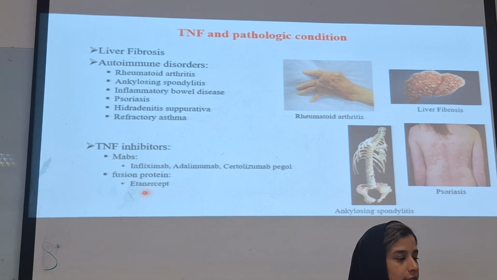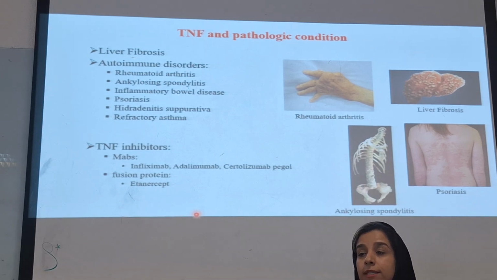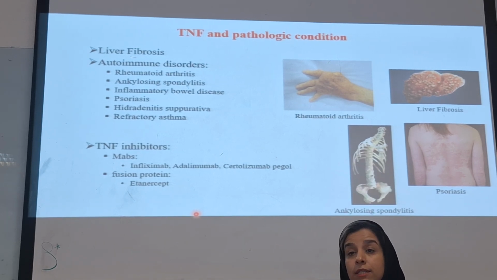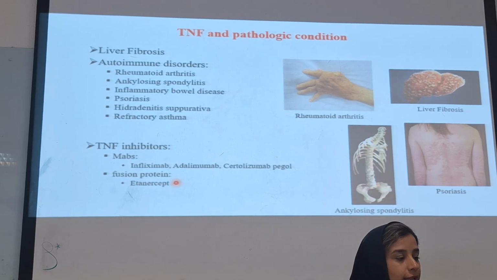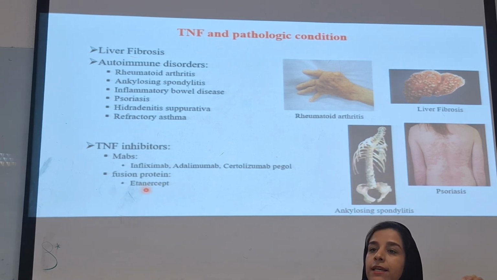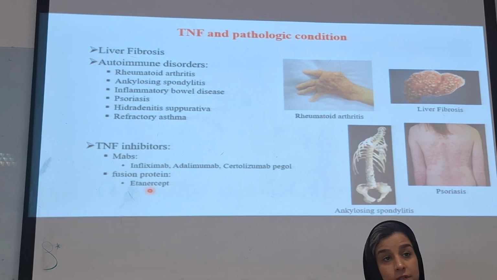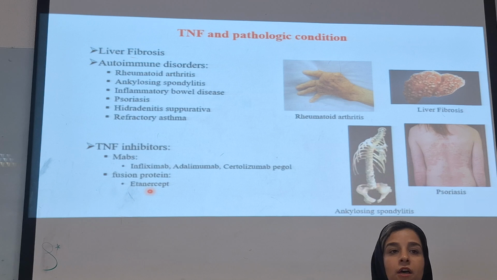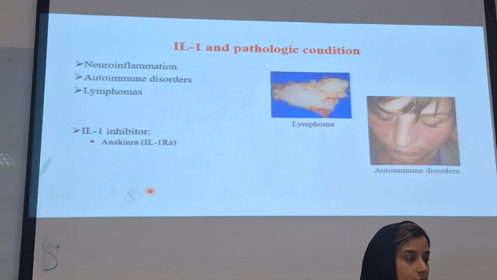After prescribing these soluble TNF receptors, they compete with TNF receptors on the membrane of target cells, and so inhibit binding of TNF to its specific receptor on the surface of cells, inhibit TNF function, and reduce the severity of symptoms of these disorders.